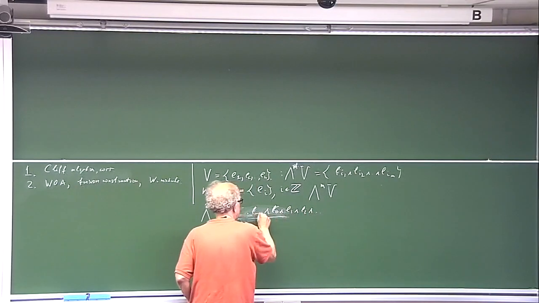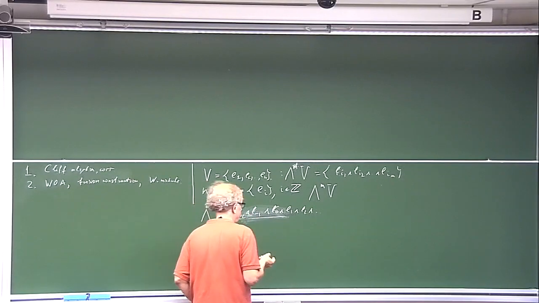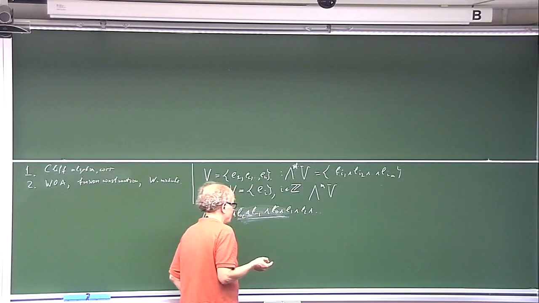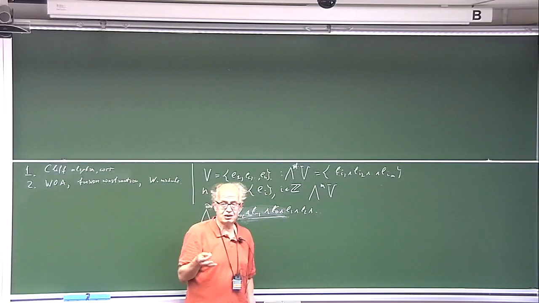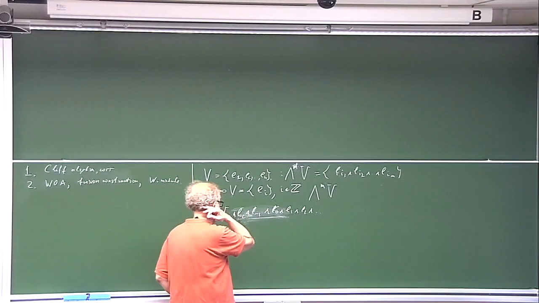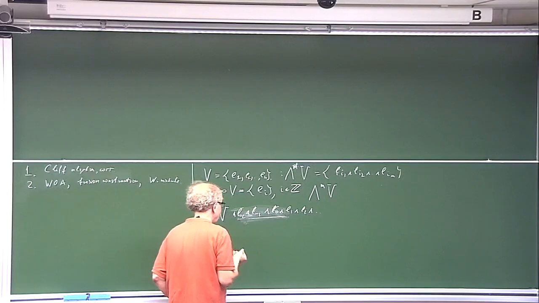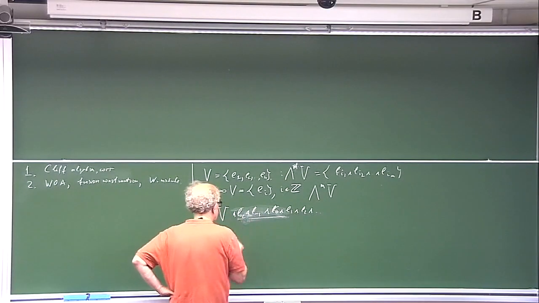Here E minus 1, here E minus 2. This object can be understood, formally or not, as something like a volume form on V. And we can work with this.